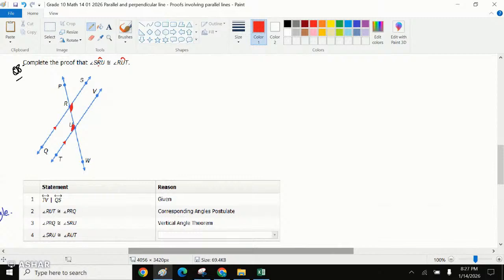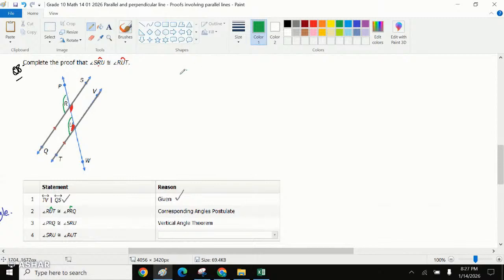Okay, moving ahead with the question, they've already given us a pair of parallel lines. That is already given to us. We can mark these lines. We say this line was parallel to this line. It's already given as a statement. We say RUT, where R, U, and T, this angle, PRQ.